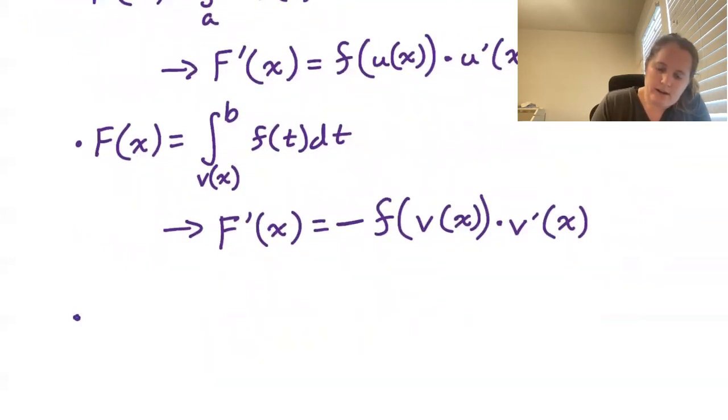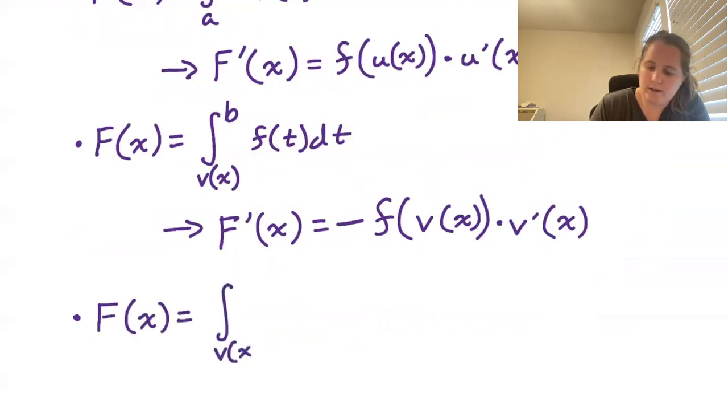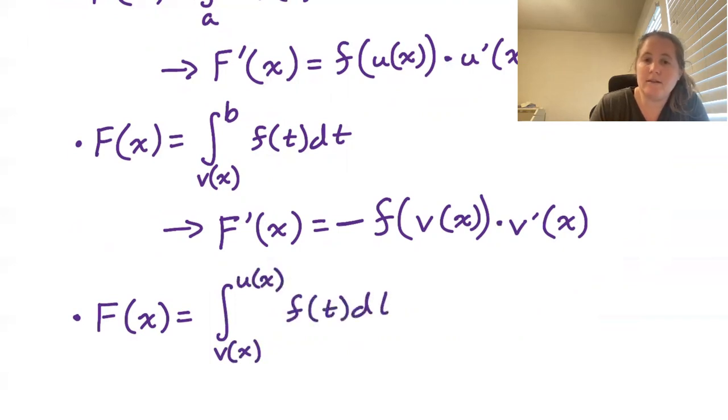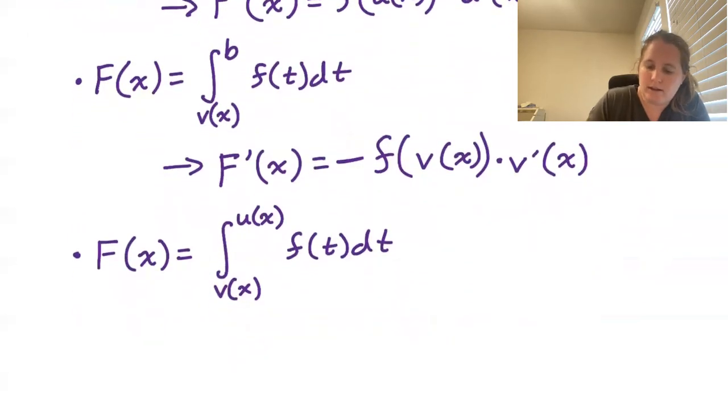And then if we had capital F of x equal to the definite integral from v of x to u of x of lowercase f of t dt, then we have that capital F prime of x is equal to lowercase f evaluated at u of x times u prime of x, minus lowercase f evaluated at v of x times v prime of x.